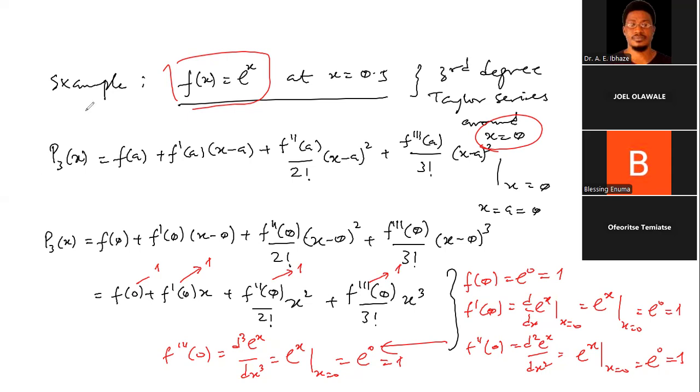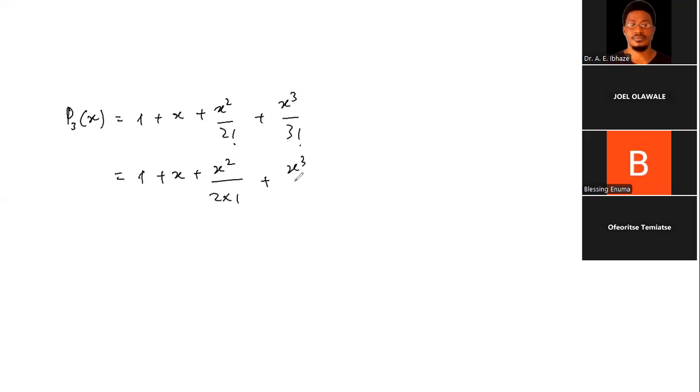So it means that the truncated series now reduces to P3 of x, which will be the same as 1 plus x squared over 2 factorial plus x cubed over 3 factorial. And we already know that this is 1 plus x squared, 2 factorial is 2 times 1, plus x cubed, 3 factorial is 3 times 2 times 1.